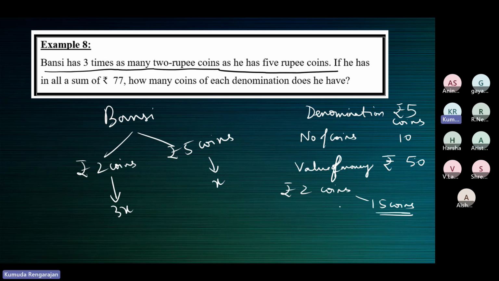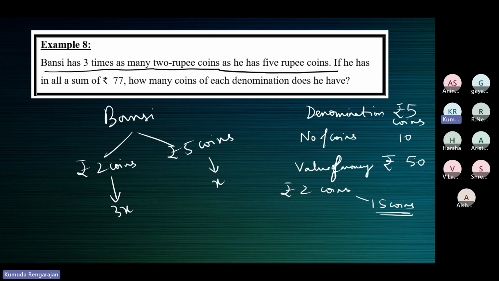So the denomination is one thing. The number of coins is another thing. The value of money is a different thing. Denomination is like 1 rupee coins or notes, 2 rupee coins, 5 rupee coins, 10 rupee coins. Number of coins is 1, 2, 3, 4, 5, 6.